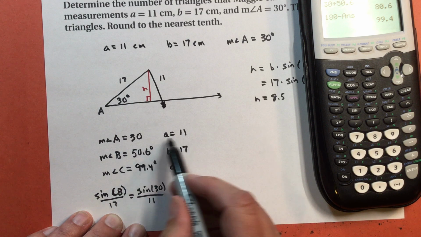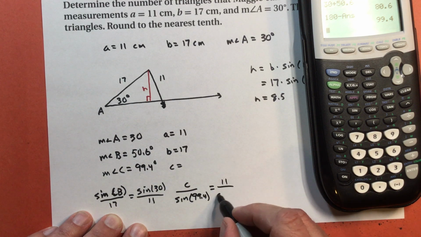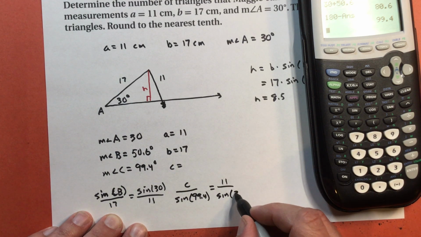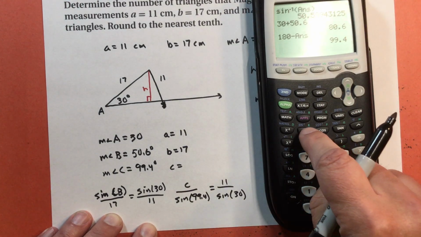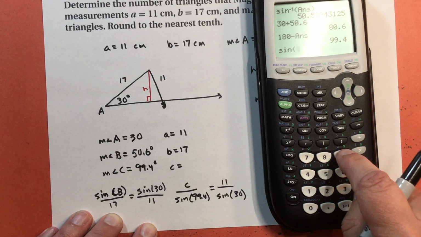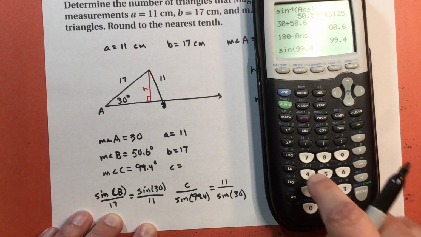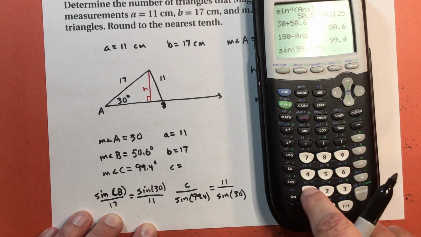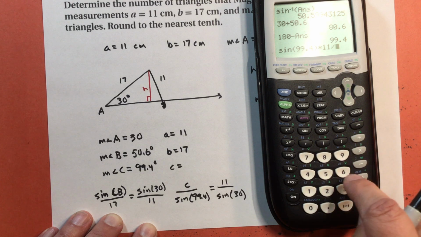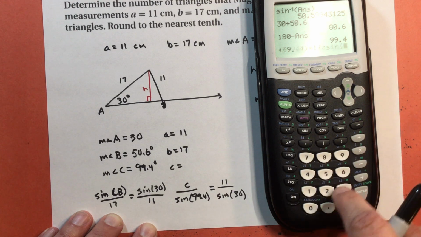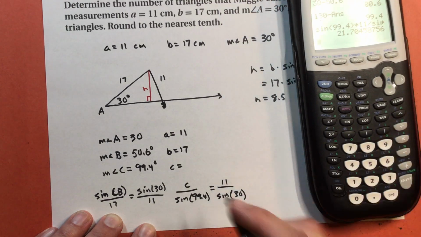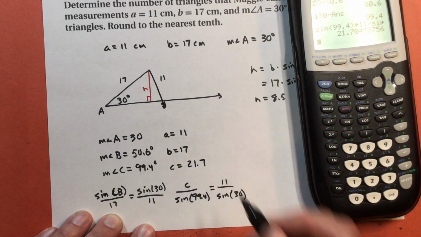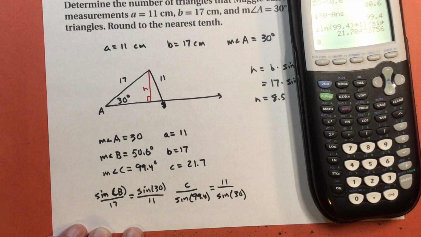And I've got 11 over sine of 30. So sine 99.4 times 11 divided by sine of 30, close the parentheses, and that tells me my last side is going to be 21.7. Okay, that's great.